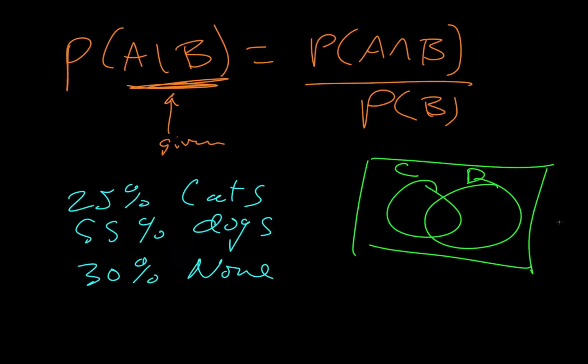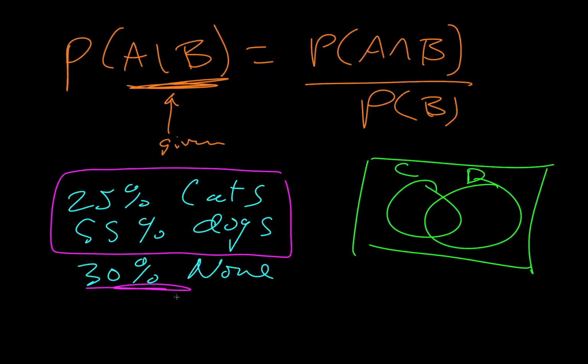Now, we know that 70% of all the pet owners, this would be 70% because this is none. So out here is going to be 0.3. And we don't know the intersection.